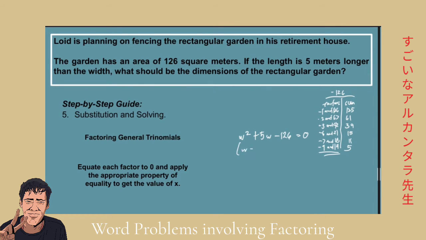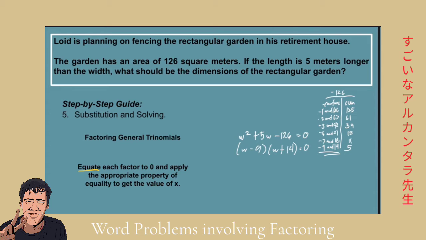So the factors of this are W minus 9 and W plus 14, and it's equal to 0. Now we equate each factor to 0 and apply the appropriate property of equality to get the value of x, or in this case, the value of W, the missing variable. What do we mean by equate?